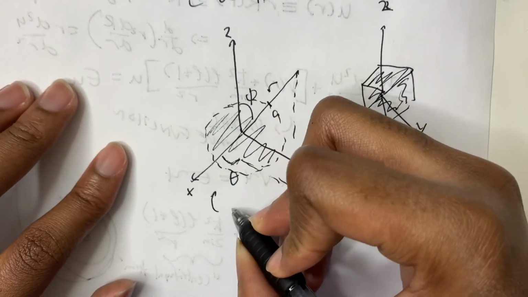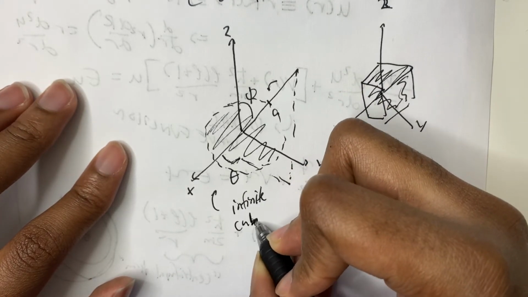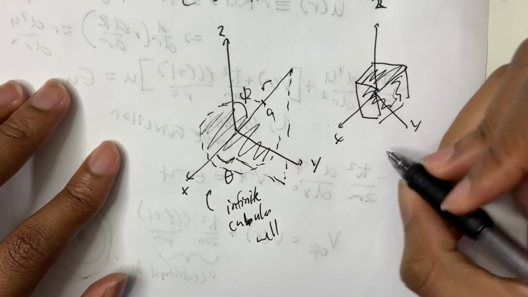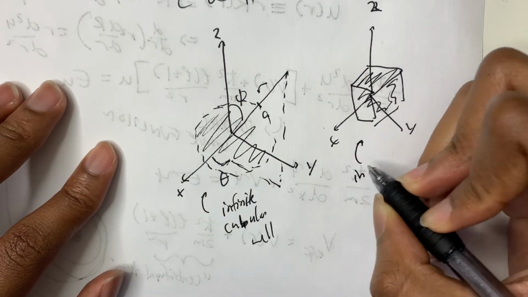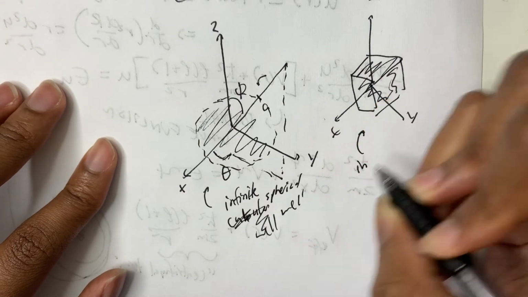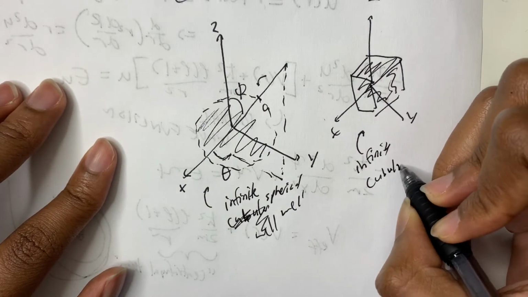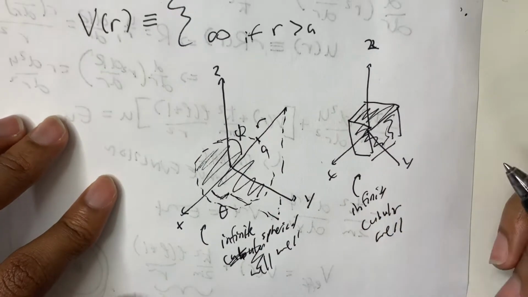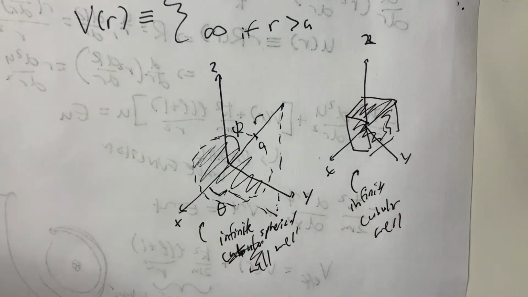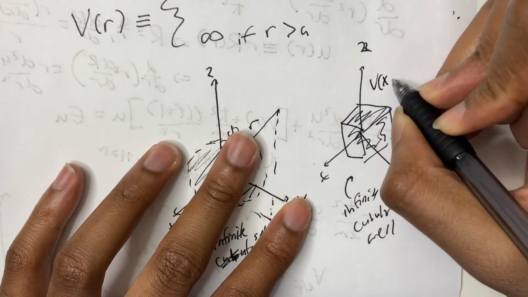So here, we call this the infinite spherical well. I forgot my shapes for a moment. And this is what's called the infinite cubular well. And then we have the infinite square well for the one-dimensional case. And for the infinite cubular well, we have V of x, y, z.